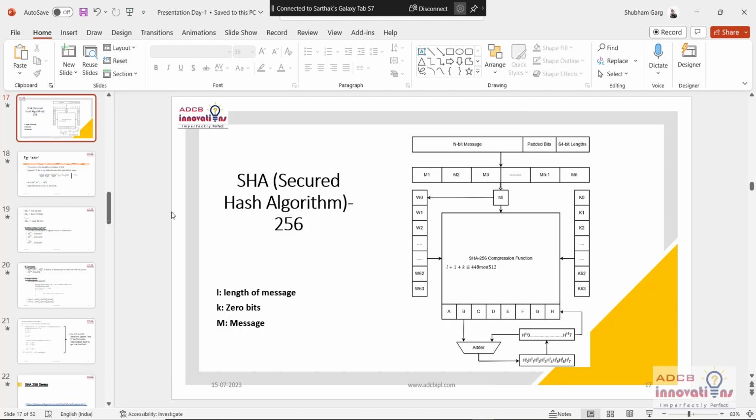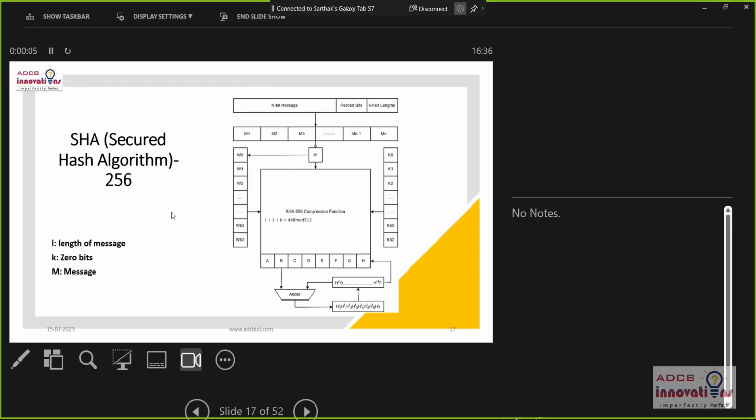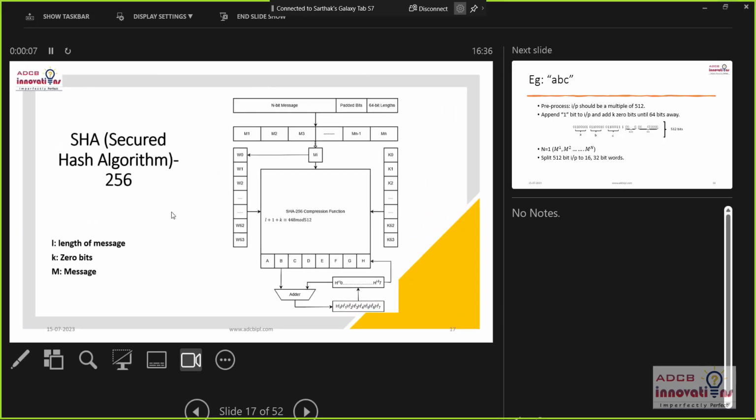We will see how SHA 256 actually works, what it means, and how the data is transmitted in it.